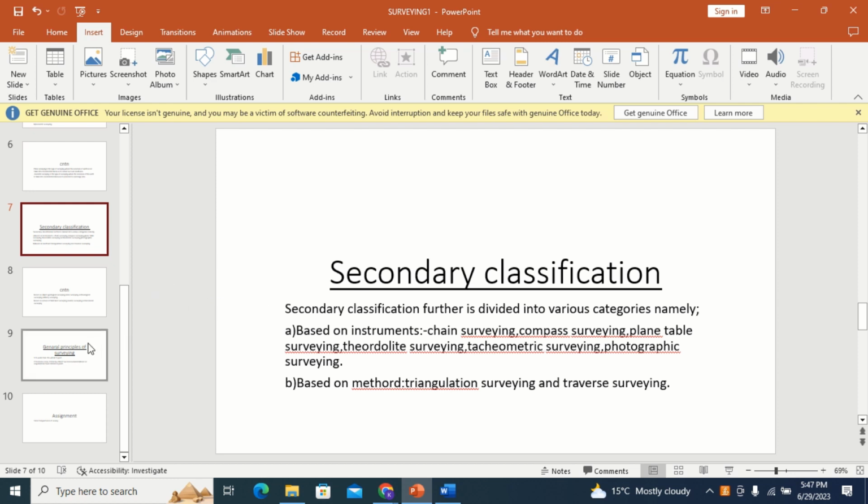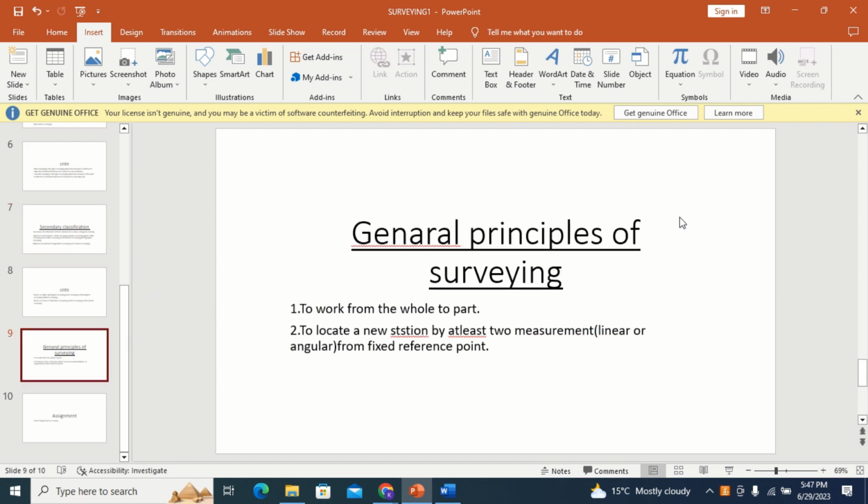Now, after knowing what surveying is, we are able to know the aim of surveying. We have seen the uses of surveying and classifications of surveying.